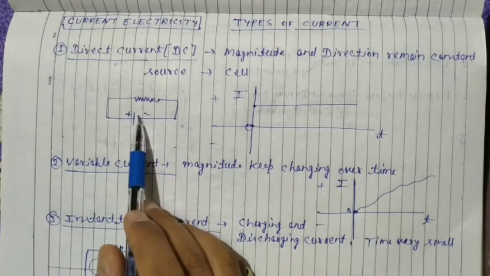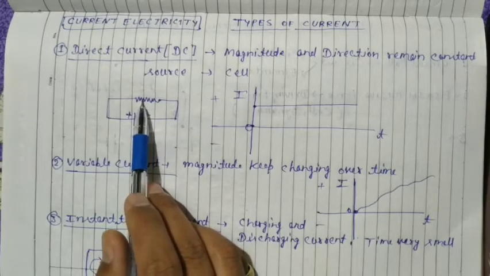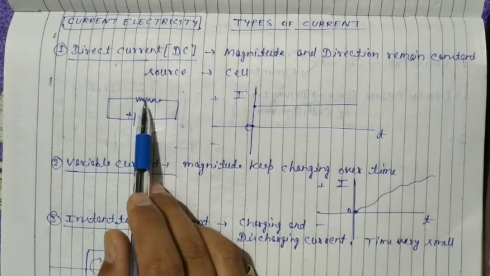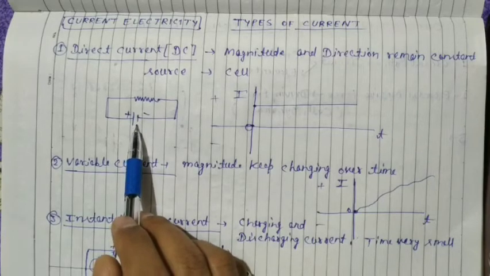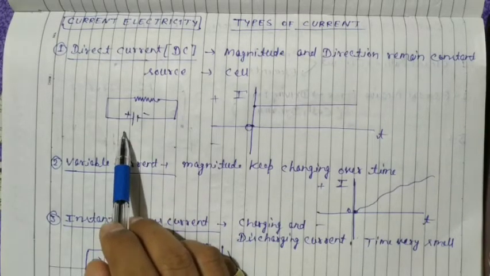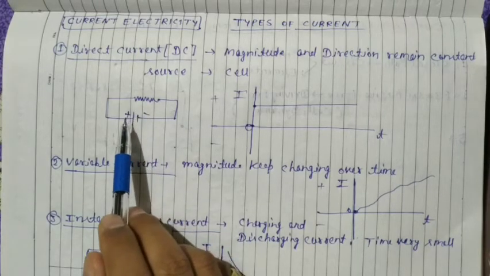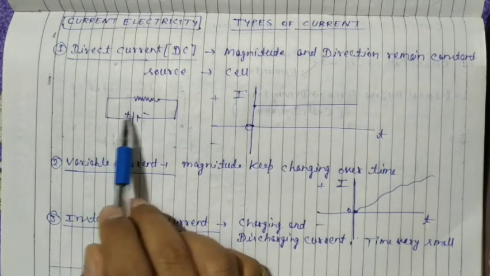If for 1 second there are 2 coulomb charge flowing, in the second second 2 coulomb charge flowing, in the third second 2 coulomb charge flowing, the same magnitude of current is here.